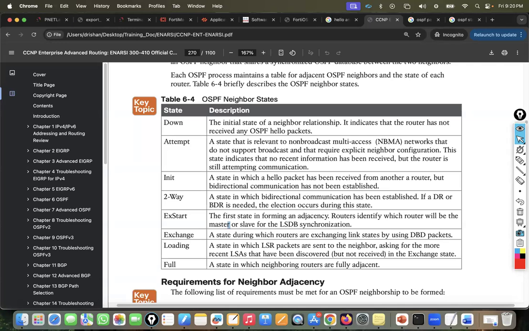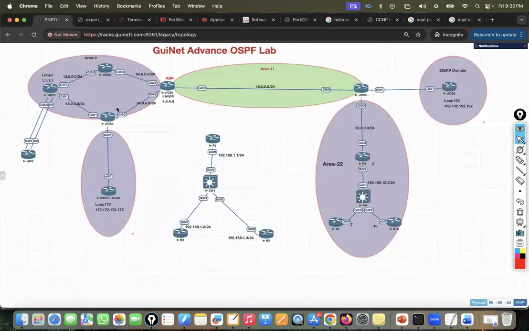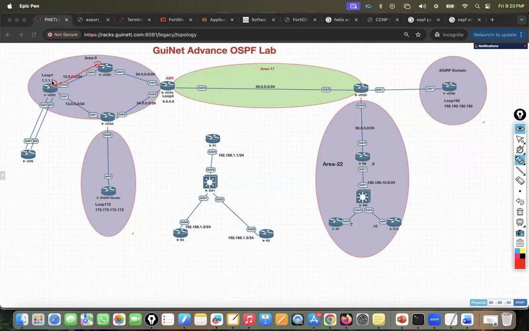Okay. So now we have to understand DR and BDR. In every network, understand this, it's very important. DR BDR selection is very important, guys. In every network, if this is one network, you are going to find one DR and one BDR.